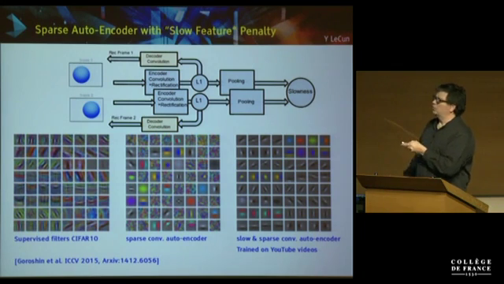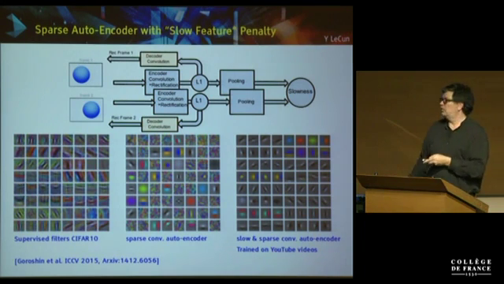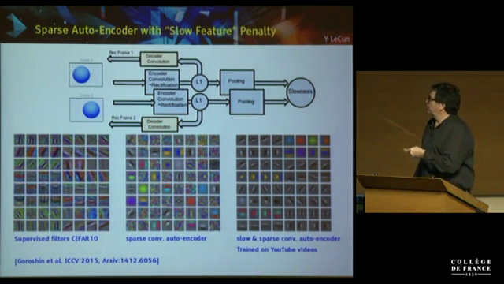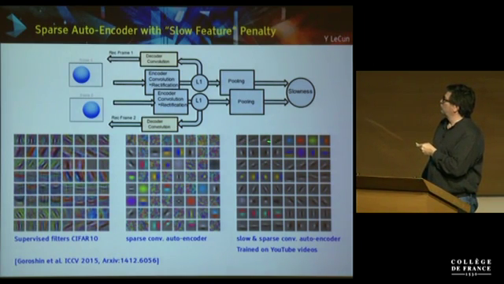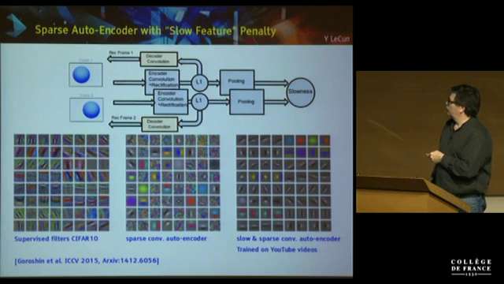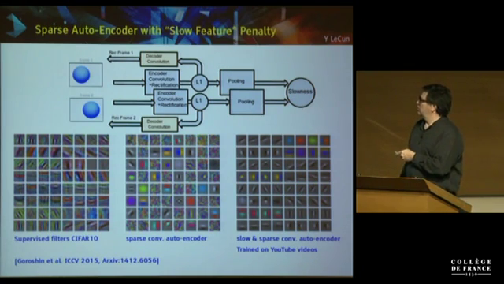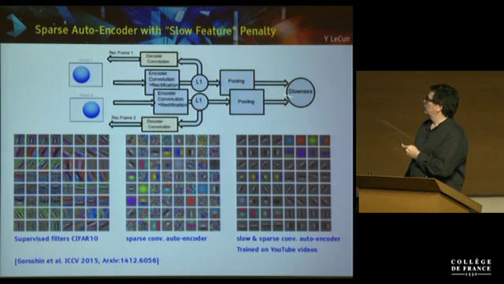These two vectors should be as close as possible. You train them on successive video frames. Typically, you obtain filters like this. These are filters that are part of the same pool. They're supposed to be very similar to each other, just a shift one of the other. Here, too, in groups of 4, they belong to the same pool. So it's quite nice. This is just with a sparse autoencoder.